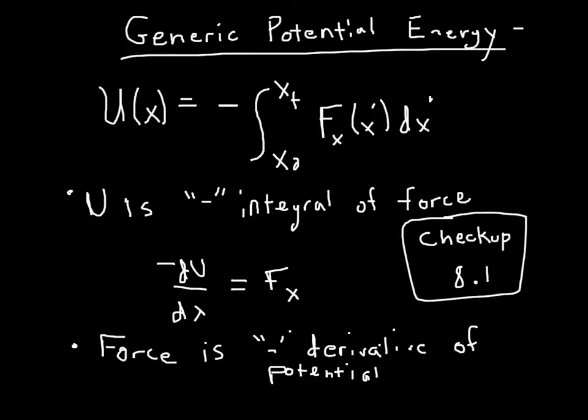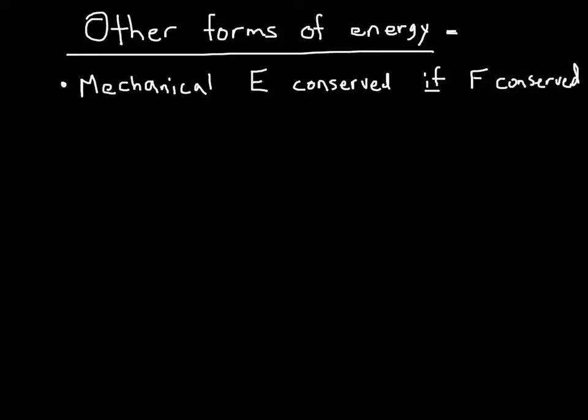So there are multiple different forms of energy. What we've discussed so far is mechanical energy and how it's conserved, but this only happens if the force that's acting is also conservative. In the case of friction, we'll call friction a non-conservative force.